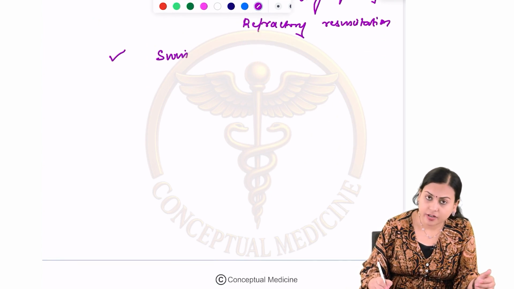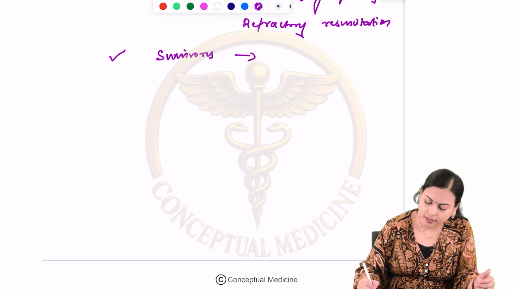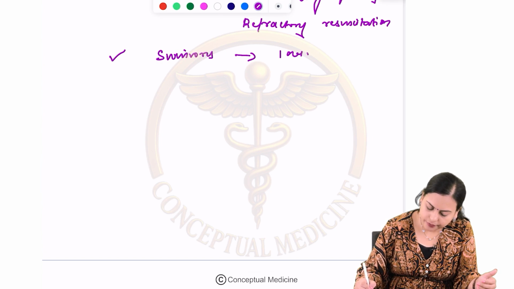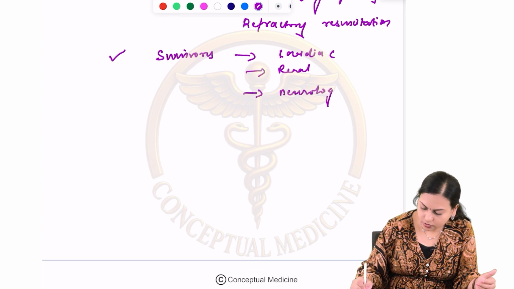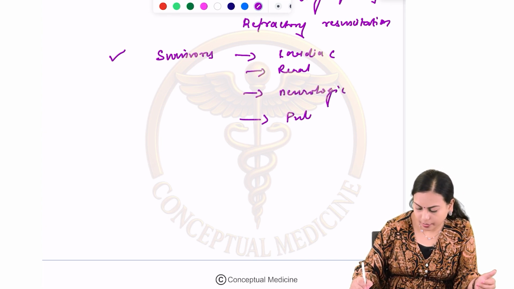Usually, the survivors are also left with some complications, like there can be cardiac, renal, neurological, or even pulmonary dysfunction.